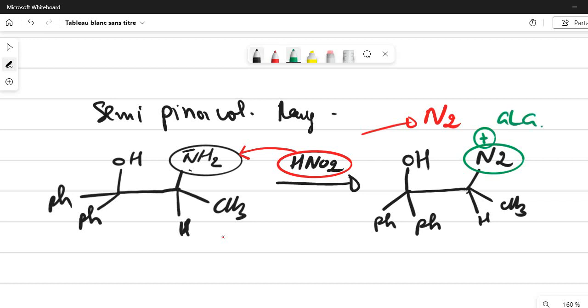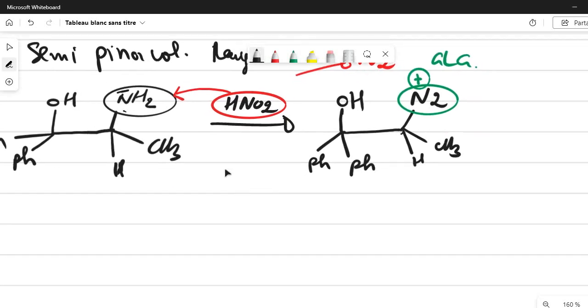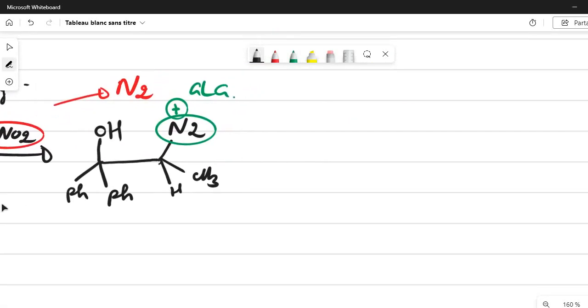So let me just try to draw a new molecule. So we are going to make it leave, but how? So it is going to leave directly, okay? As in the first video, like with the Pinacolic, with the water molecule. So we're going to have OH here, and here a positive charge on the carbon.